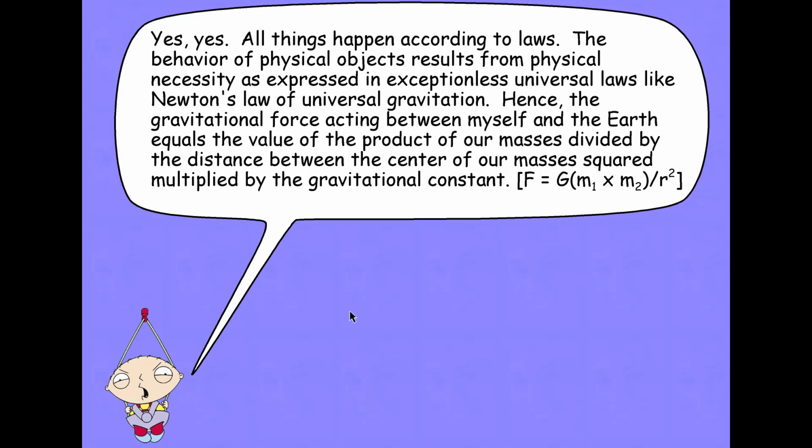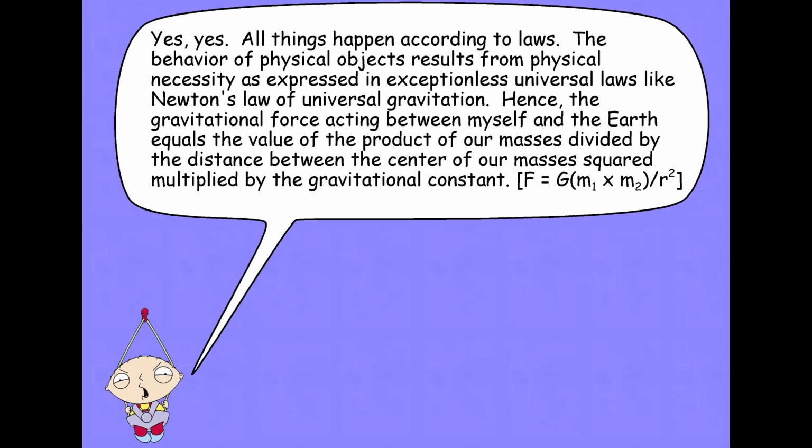And so if we look here at Stewie, suspended in his baby chair, and we want to know, well, how much force would it take to hold Stewie up? Well, Stewie has a physical embodiment, and so to understand how much force we need, we just need to treat him as a physical object. That is part of what Stewie is. And so all we'd have to do is use Newton's law of universal gravitation to calculate the gravitational force that's acting between Stewie and the Earth.